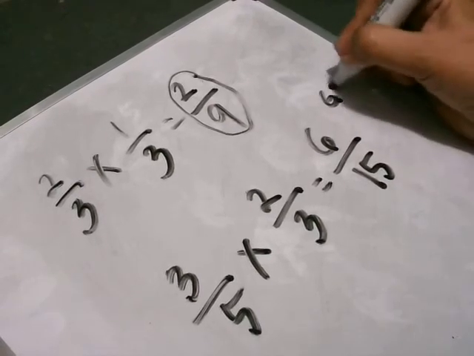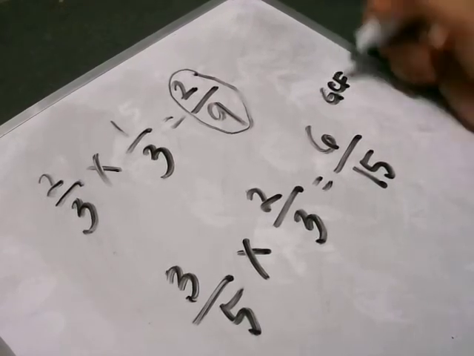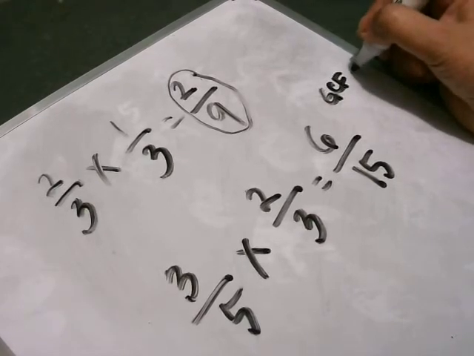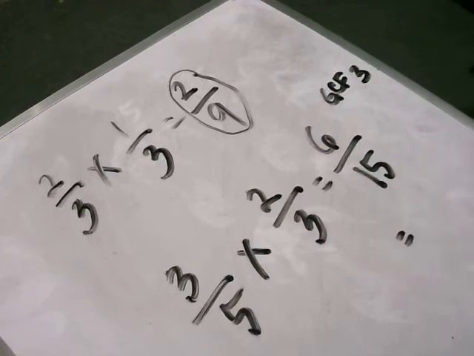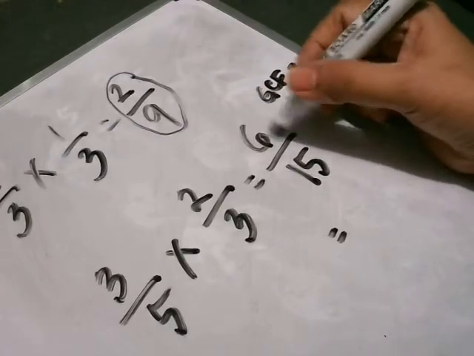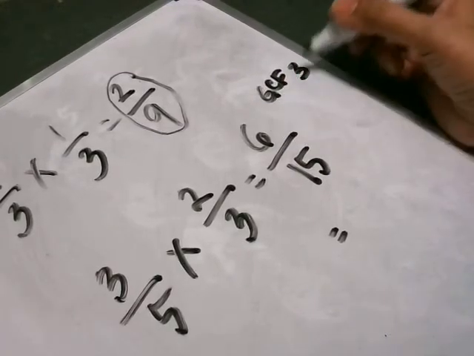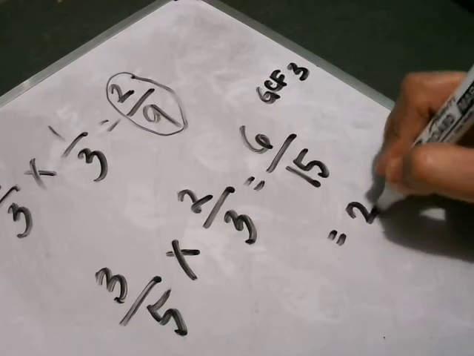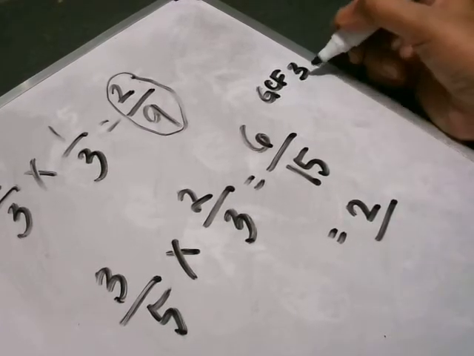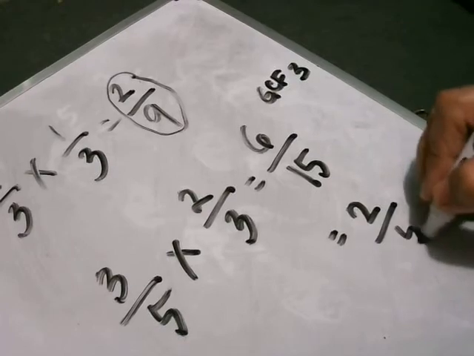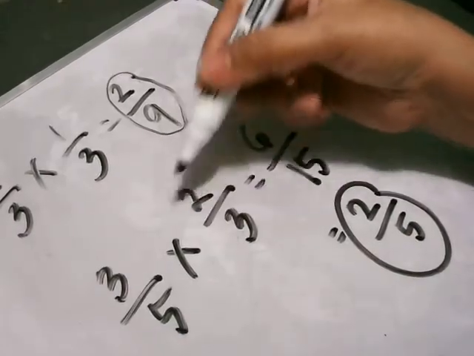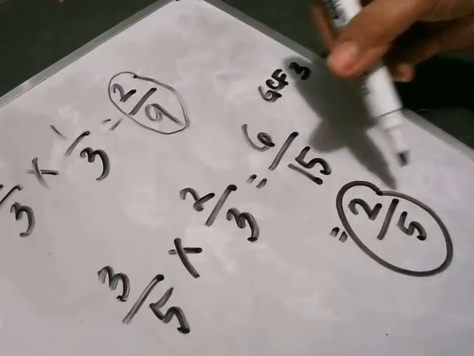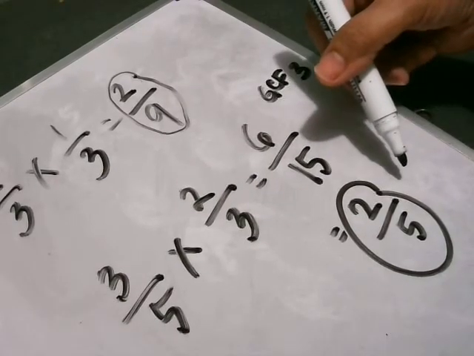The GCF for these numbers is 3. So to finalize this one, divide these numbers by the GCF. 6 divided by 3 equals 2. 15 divided by 3 equals 5. So this is your final answer. 3/5 times 2/3 equals 2/5.